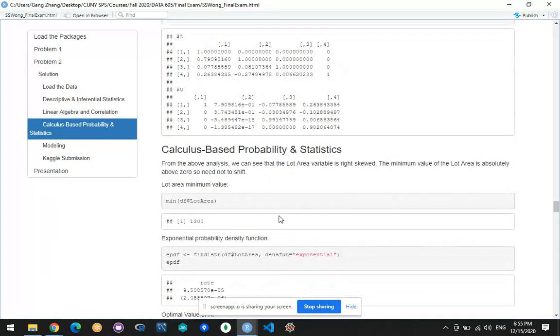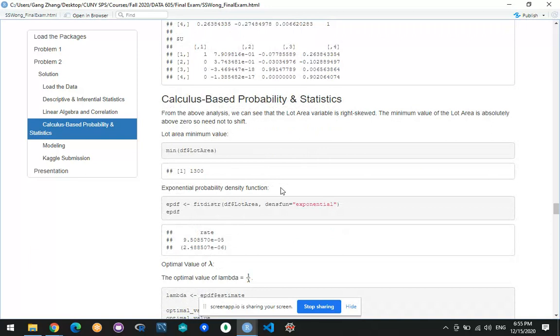Next is the calculus-based probability and statistics solution. I choose the lot area variable for this question as it is the most right skewed and does not need to be shifted, as its minimum is positive, as you can see here.